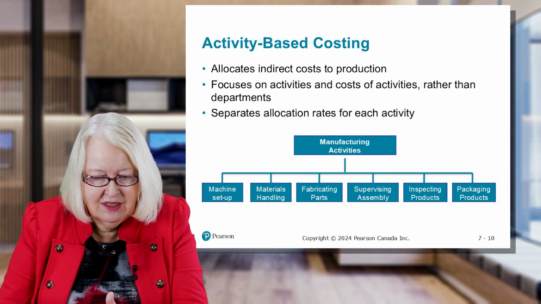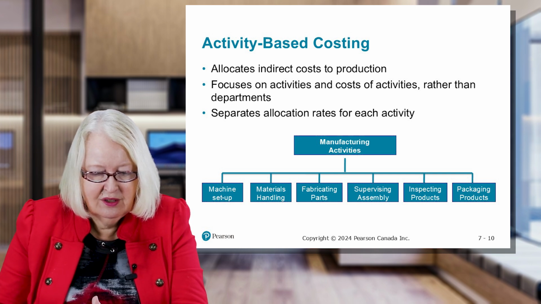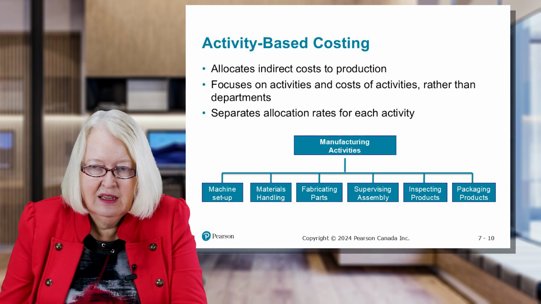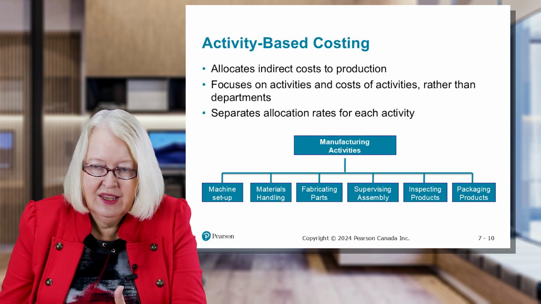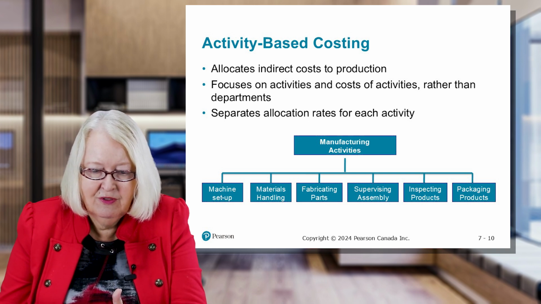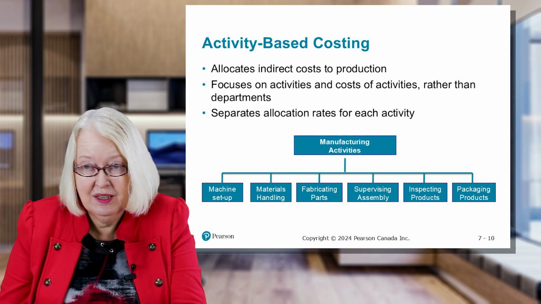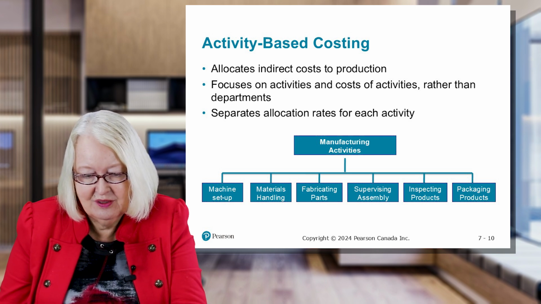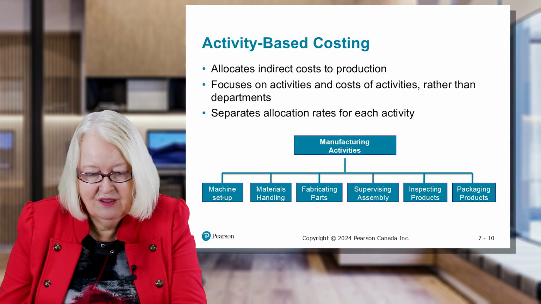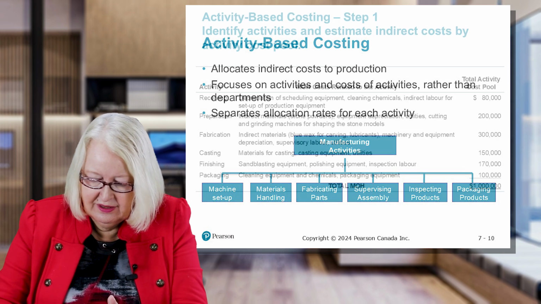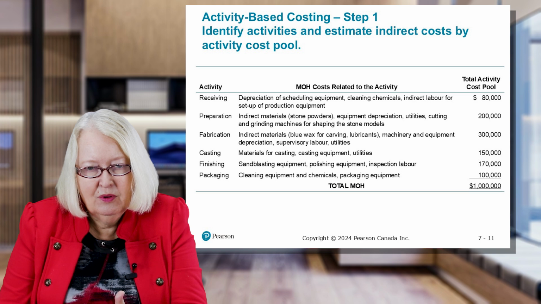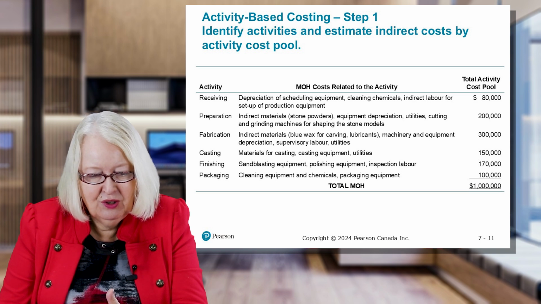So here, with activity-based costing, instead of looking at casting and fabrication, you're looking at all the activities that make up the manufacturing process. You set up your machine, materials handling, fabricating parts, supervising the assembly, inspecting the products, and packaging the products. These are 6 activities that would generate overhead. In a company that you're working for, you would be given the activities and the cost pool.